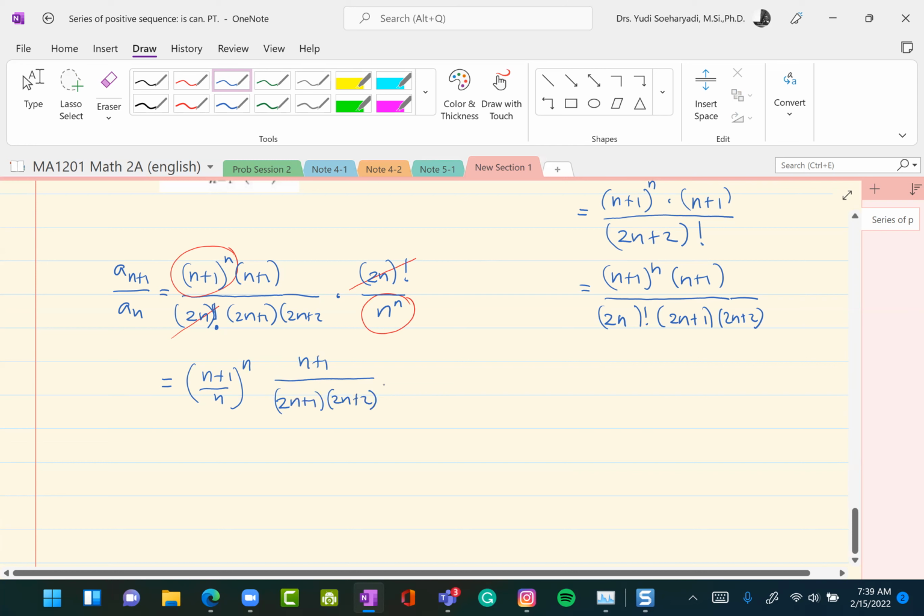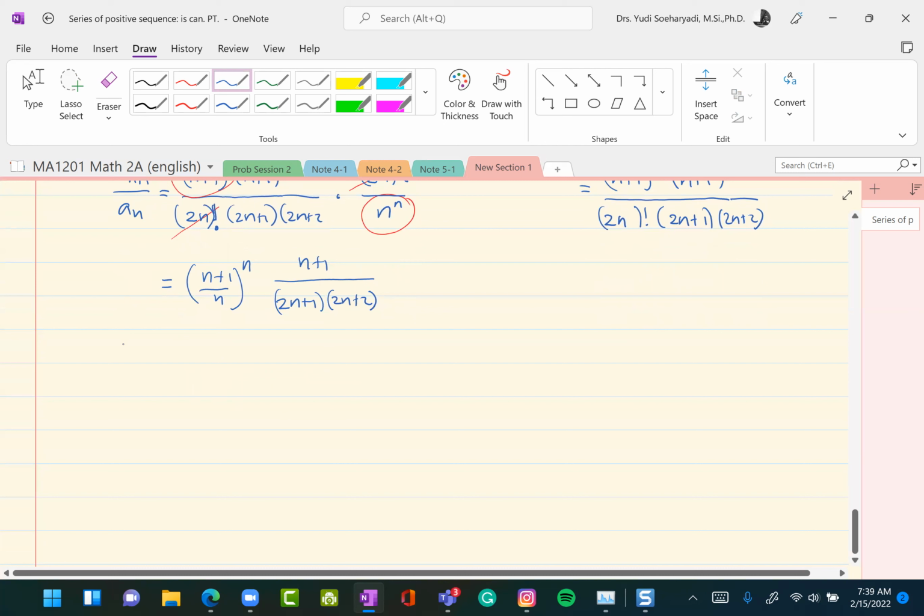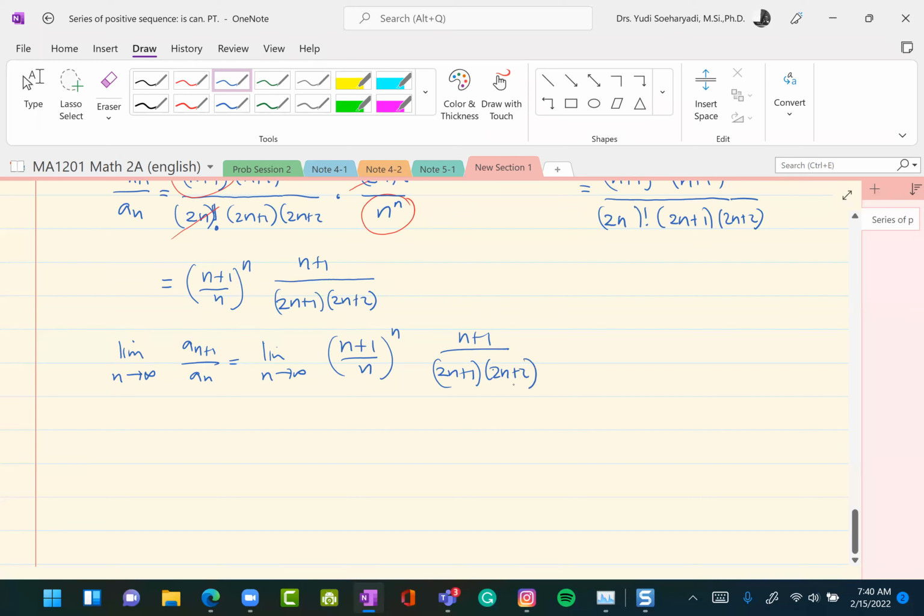Okay, and we take the limit. This n plus 1 is just this limit, n plus 1 over n, over n plus 2. Okay, so let's see the second term here.